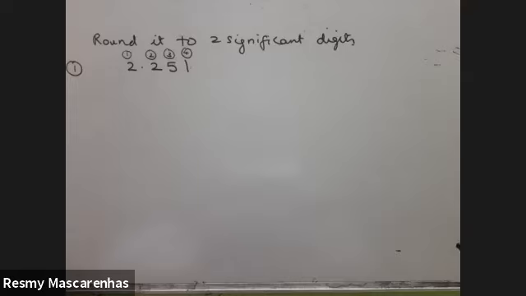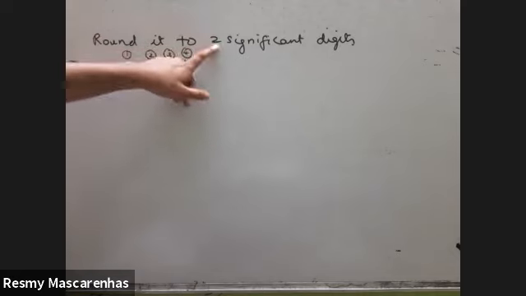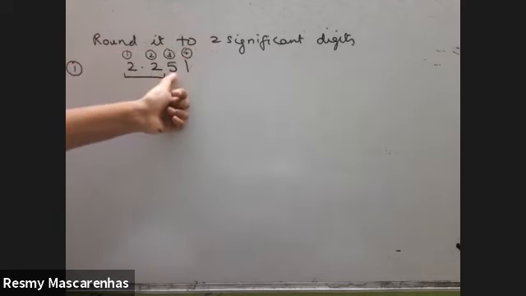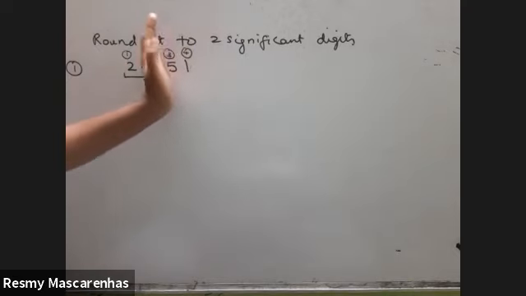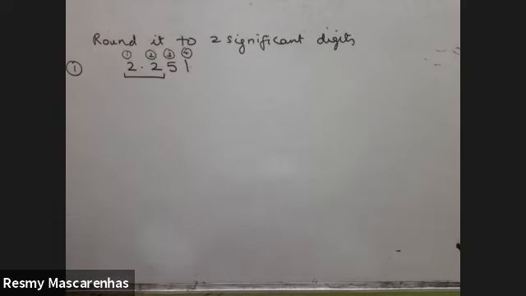Now, I want it up to two significant digits. So the third digit is the next one to be cut off, to be thrown out. It is the next digit after the significant digits, which is unwanted.